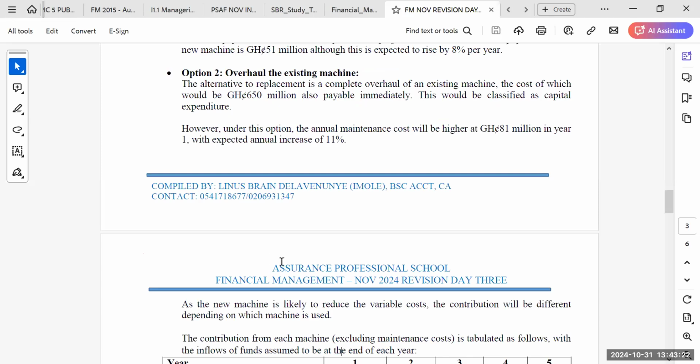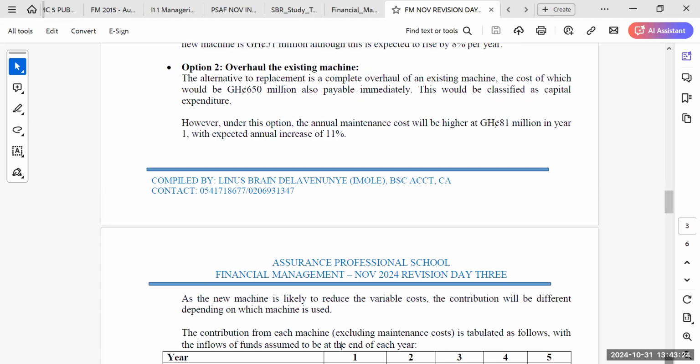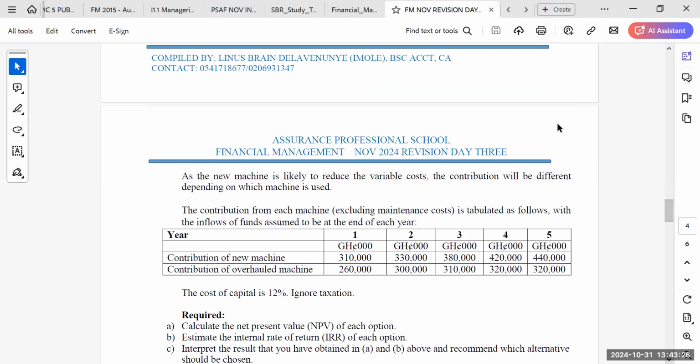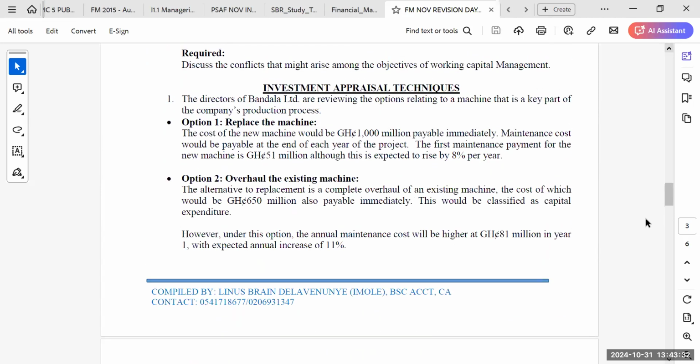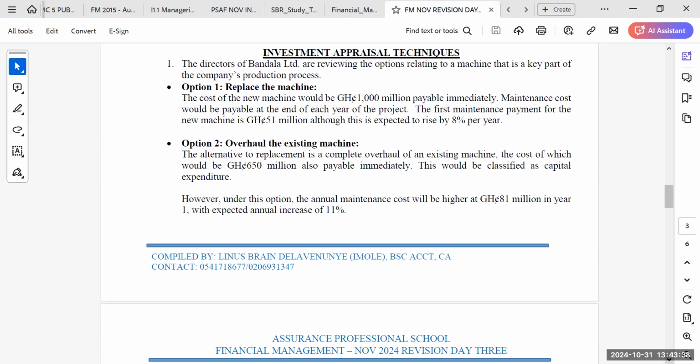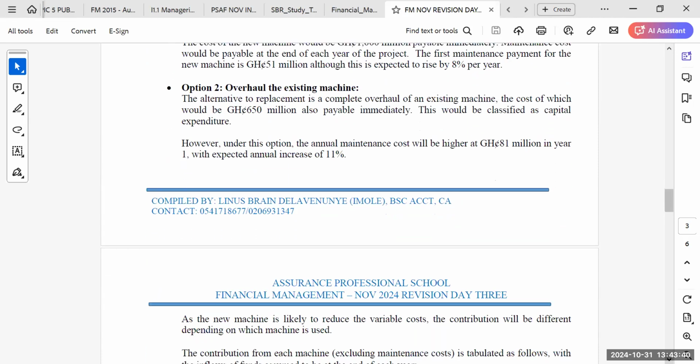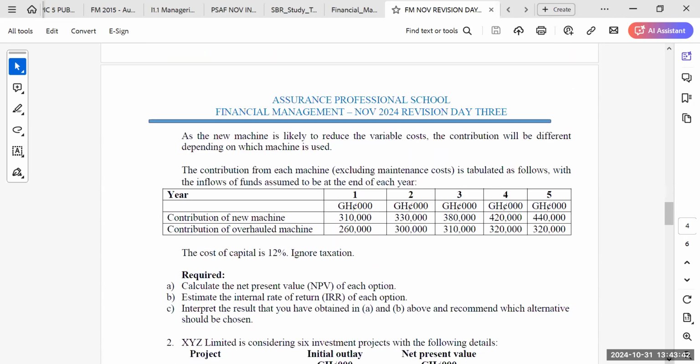There is no issue of depreciation over here because they say we should ignore taxation. So no issue of tax benefit on depreciation, no issue of working capital, no issue of depreciation, no issue of taxation.